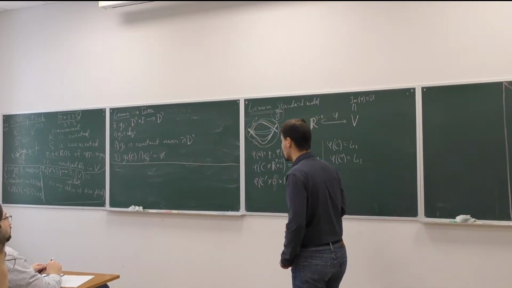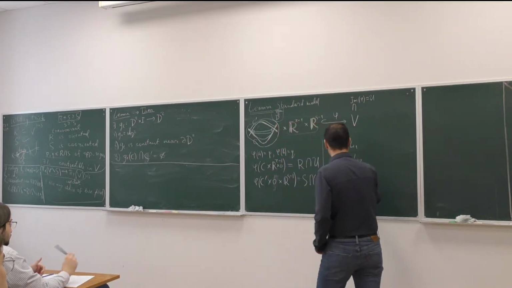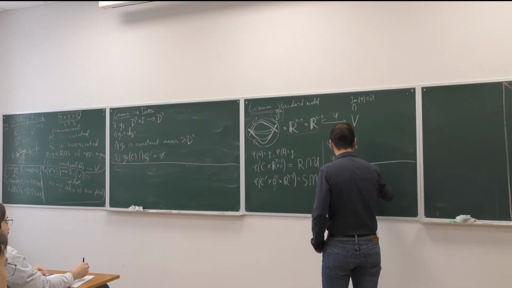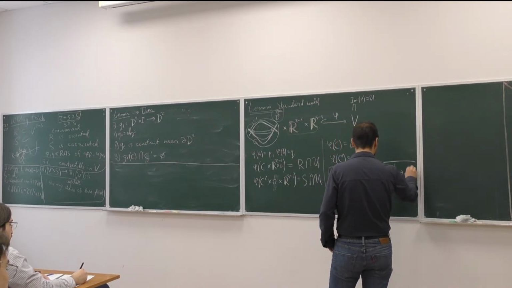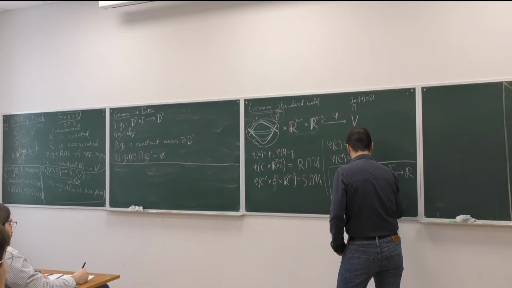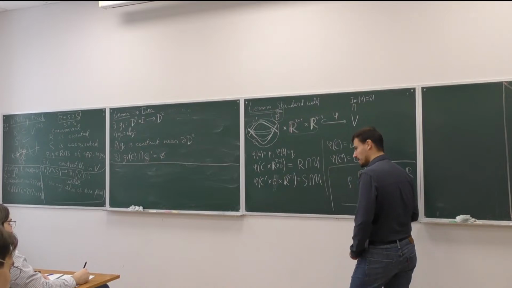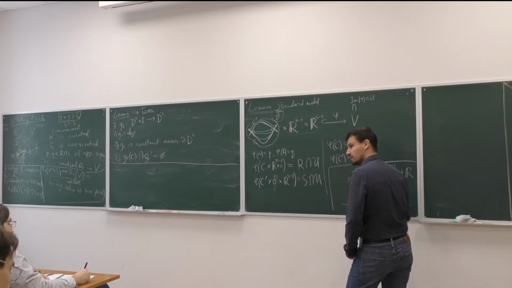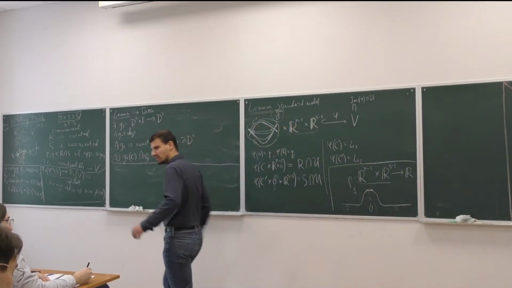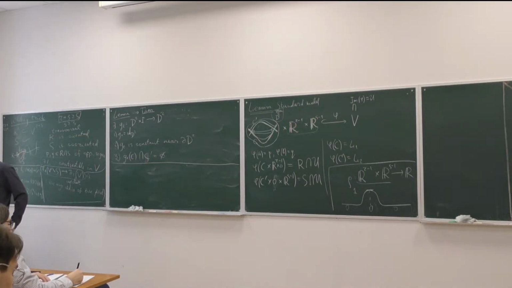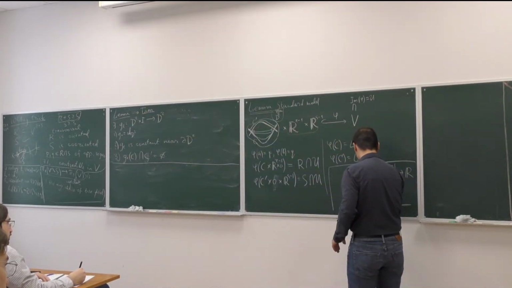And how to do this? Let us choose any cap function, any function like that. This is a function on this space which is 1 in a neighborhood of 0 and 0 outside some compact subset. As usual, we consider a C infinity function which is 1 near the origin.